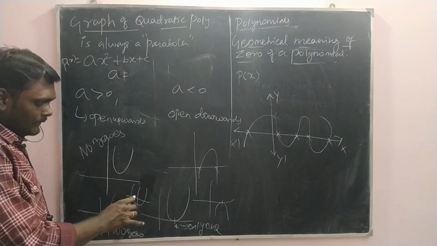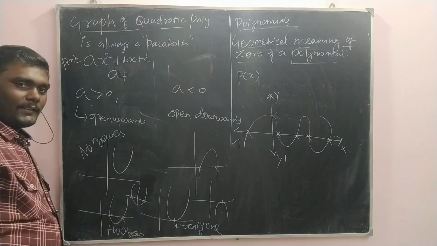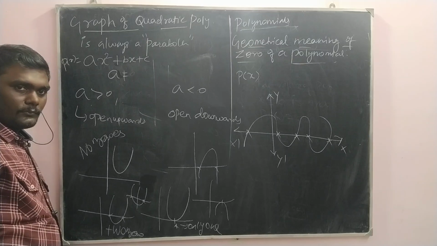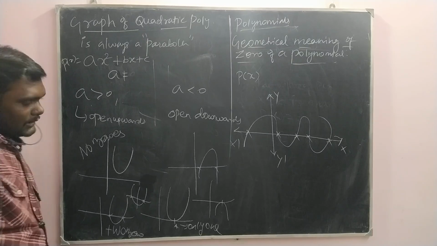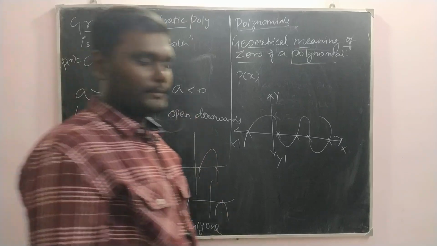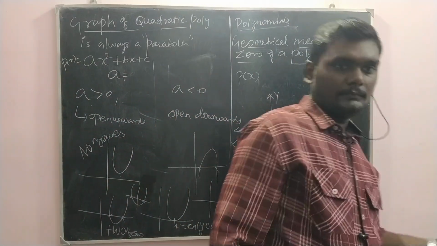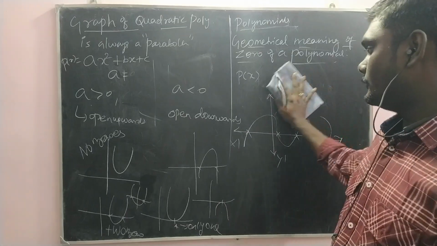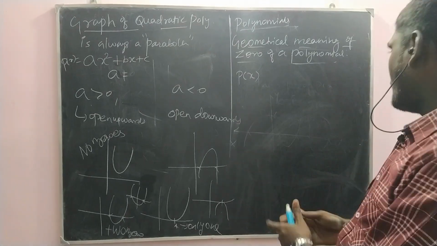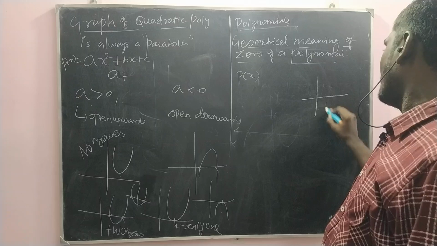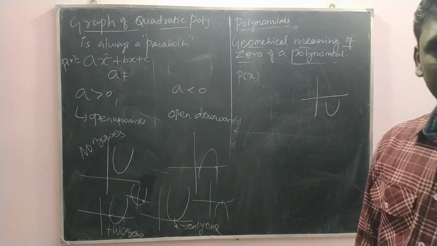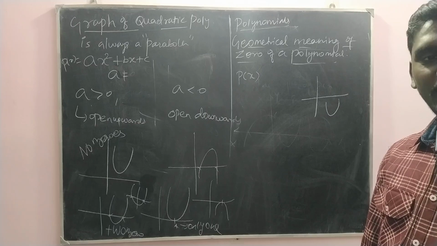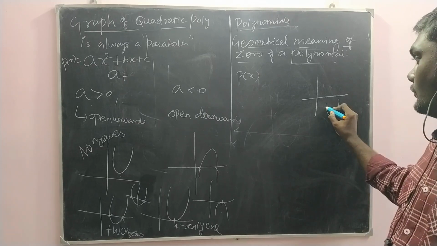The point is where it intersects the x-axis. That is the point. Got it? Got it or not? Or shall I draw all the possibilities? Understood. Good. Now can you say how many zeros this polynomial has? Why 0? It has 2.